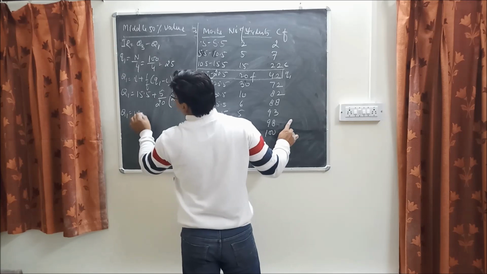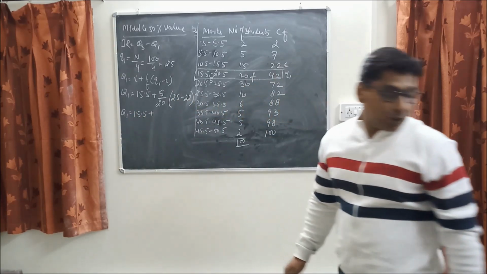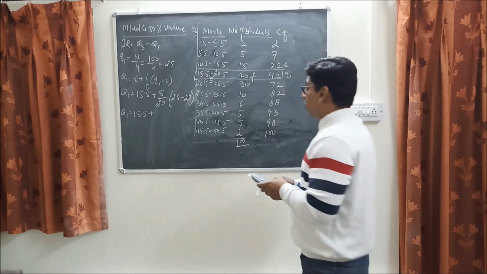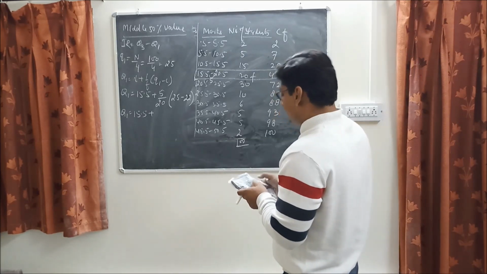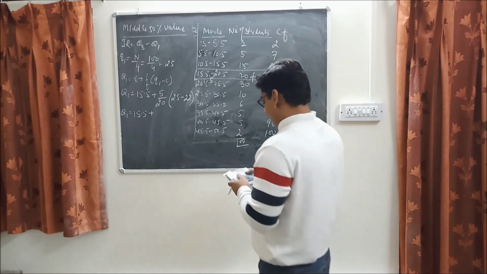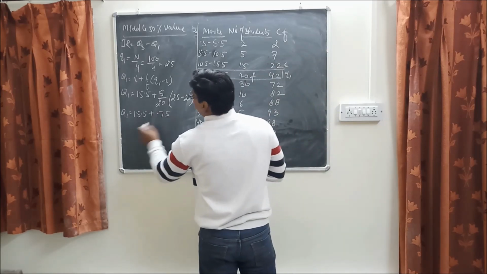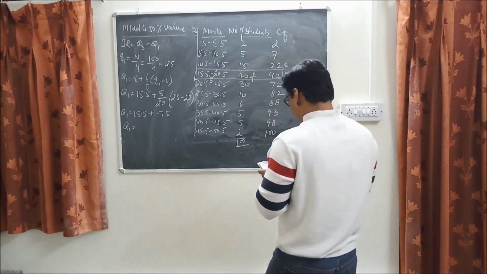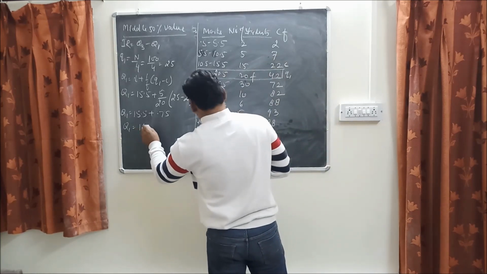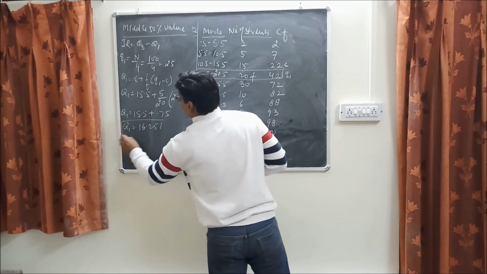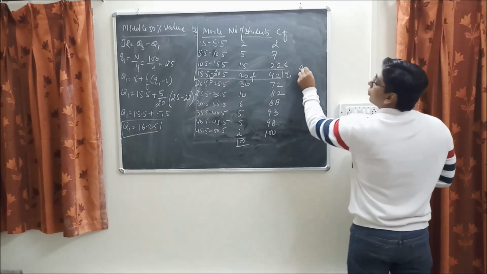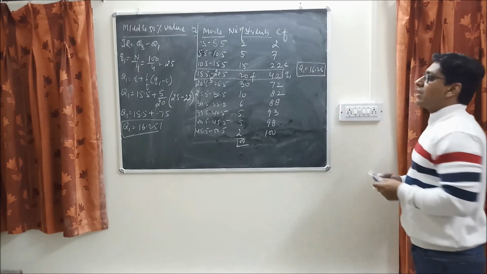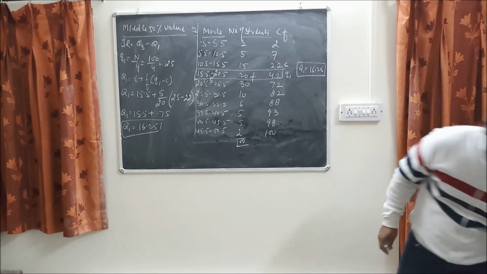Q1 equals 15.5 plus (25 minus 22) into 5 divided by 20. It is 0.75. So Q1 equals 15.5 plus 0.75, it is 16.25. So the Q1 is 16.25, which is calculated by this formula.